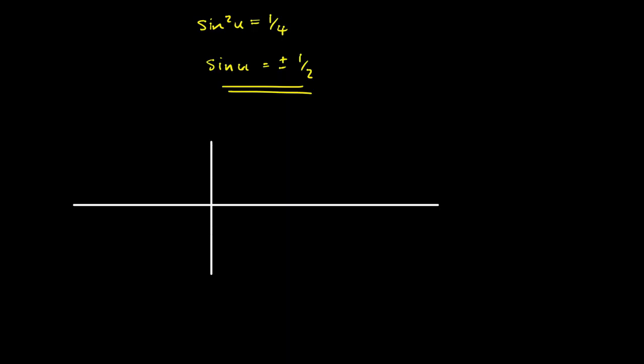Basically, the sine graph will look something like this. So that'll be pi, 2 pi, and what's this? Sorry about that. That'll be negative pi there.